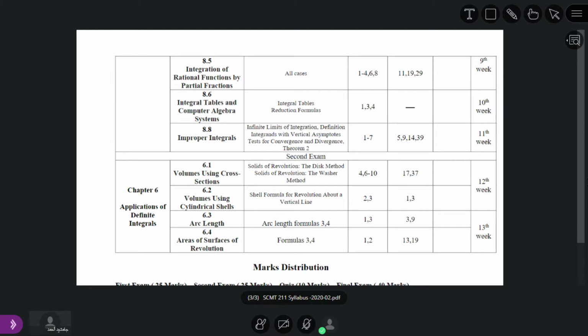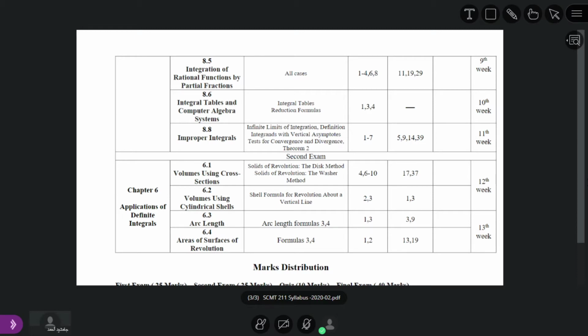But after corona, in the last semester, we made the distribution different. There will be more than one quiz and there will be some homeworks.